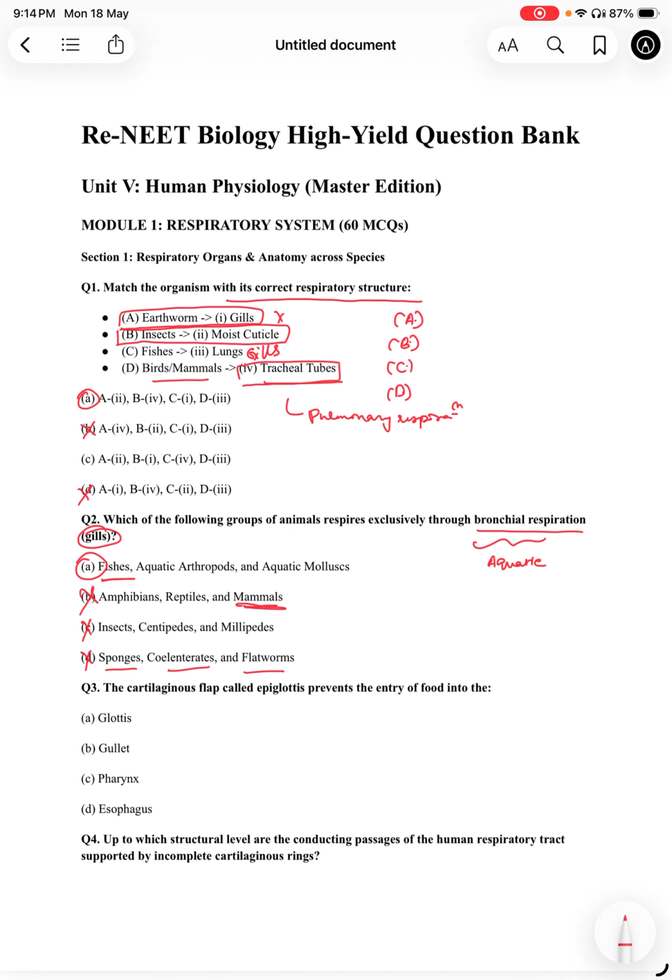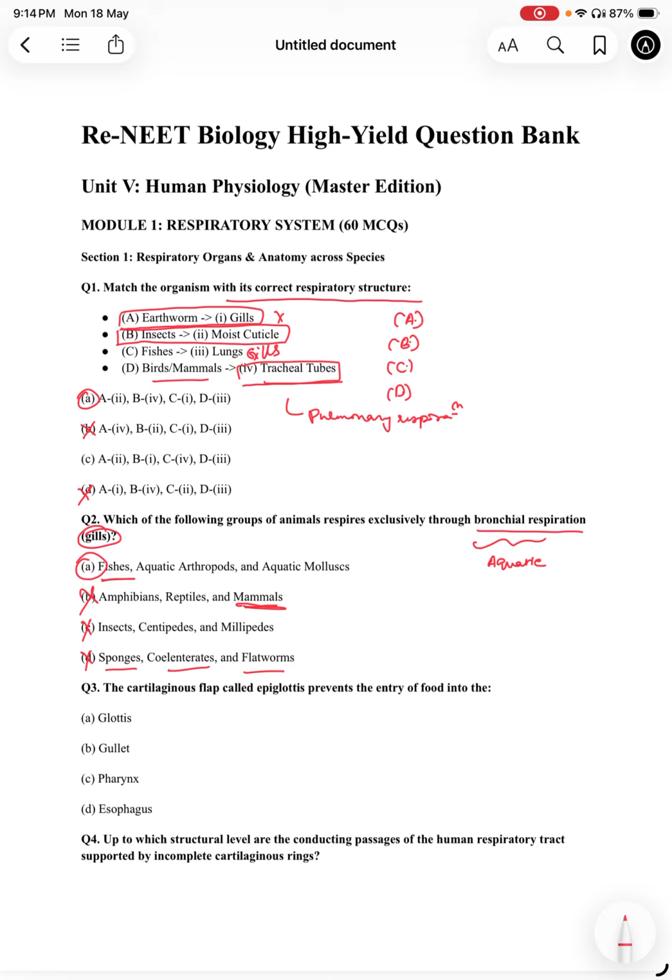Now, the cartilaginous flap called epiglottis prevents the entry of food into the glottis, gullet, pharynx, esophagus. The main thing you need to know is the larynx houses the glottis. What is glottis? It is the opening of the windpipe.